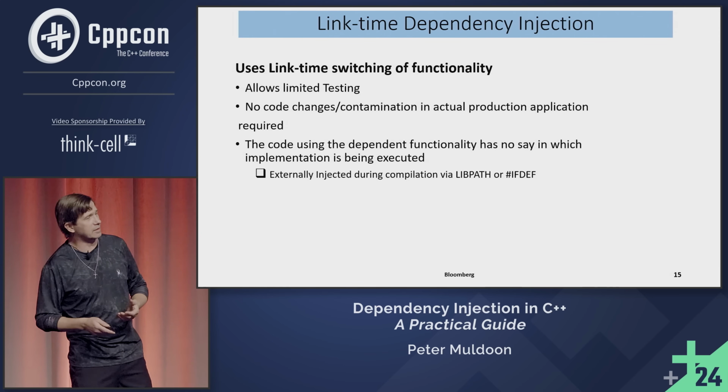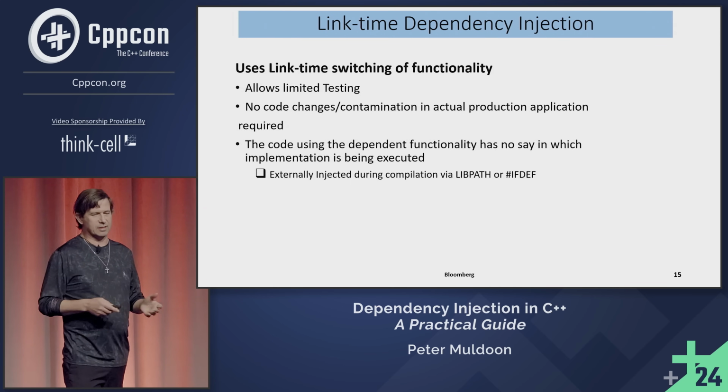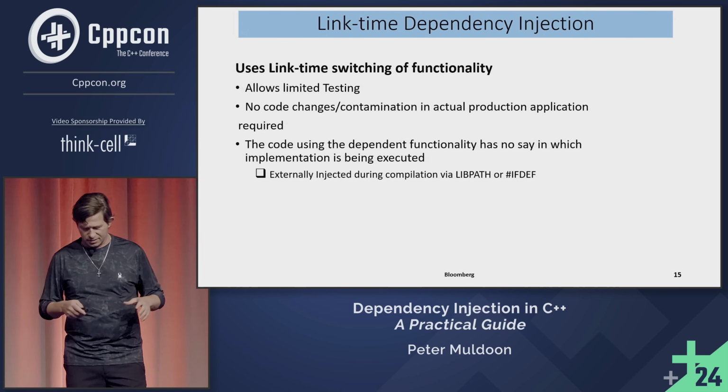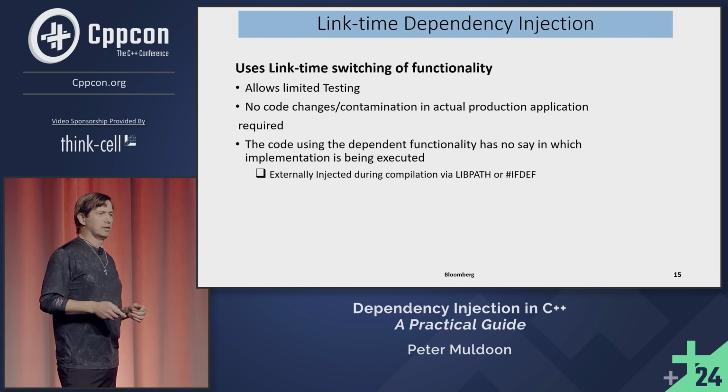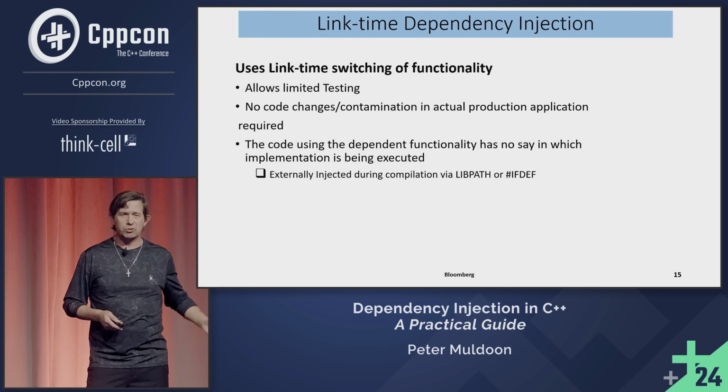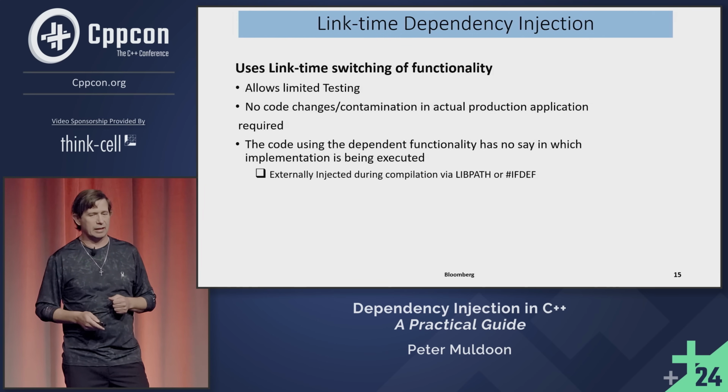And that allows limited testing. It's sort of one test scenario per link. The thing it does is it does not contaminate your production code. So you don't need to put hooks in, you don't need to put extra parameters into functions. You just swap out a different .o file when you link.